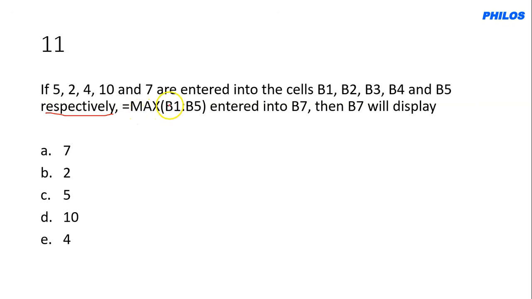Equals MAX into bracket B1 colon B5 bracket close entered into B7. Then B7 will display. Now, please, colon means to. So B1 colon B5 means from B1 to B5.